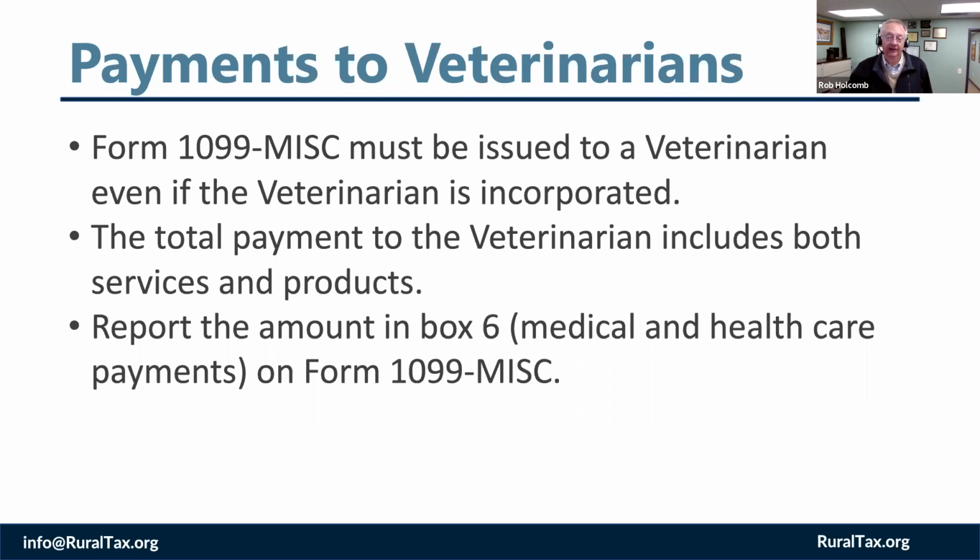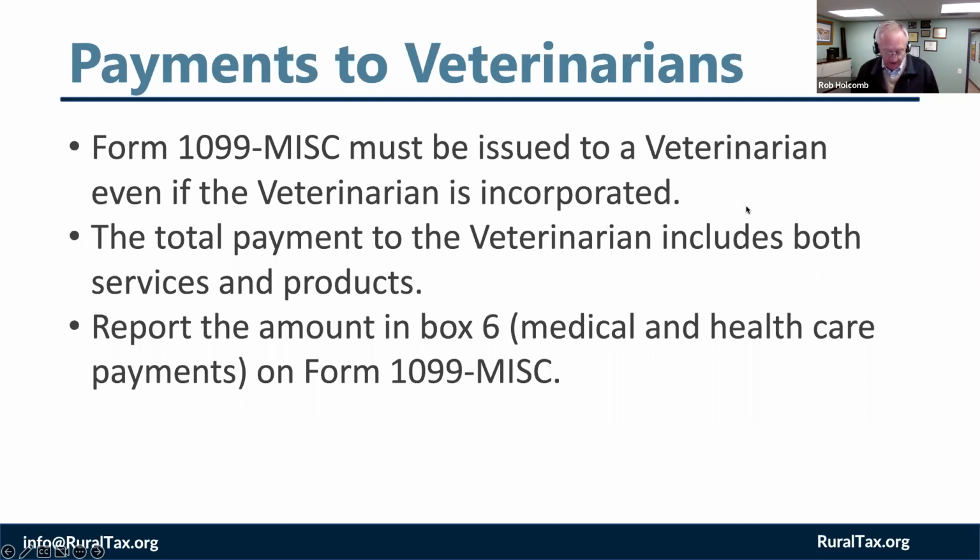So if you had a bill for services from the veterinarian, and you had a bill for medicine also, that's still all going to get reported on the same 1099. And for veterinarians, what's different is it goes on a 1099 miscellaneous. There is a box 6 on the 1099, and that's for medical and healthcare payments, and that's where the veterinarian stuff gets reported.